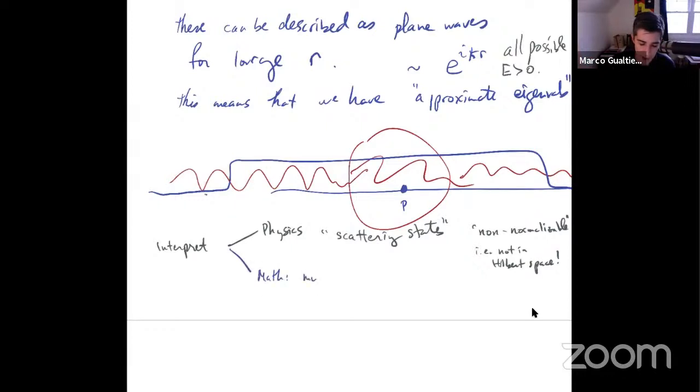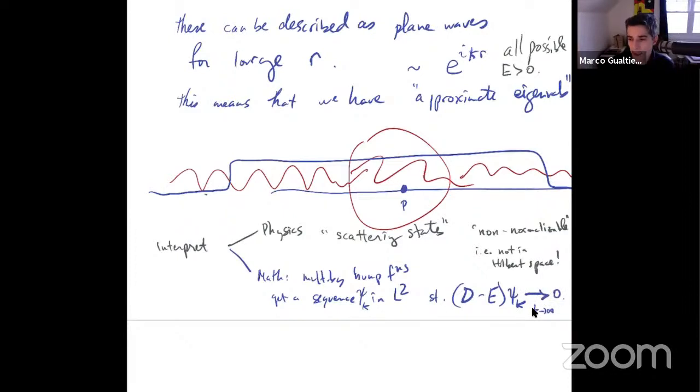We can multiply by bump functions and get a sequence in L2, a sequence psi sub k, such that the operator D psi_k minus E psi_k, which should be 0 if it was an eigenstate, approaches 0 as k goes to infinity. So it's an approximate eigenstate.